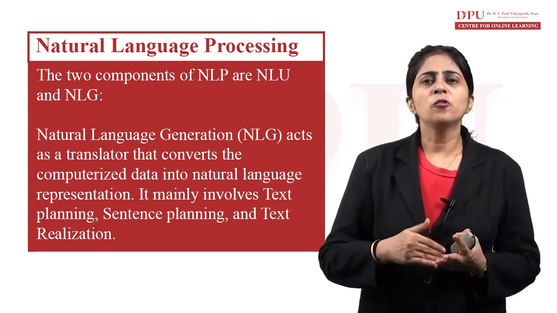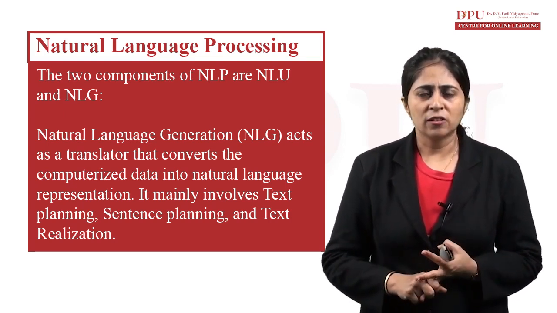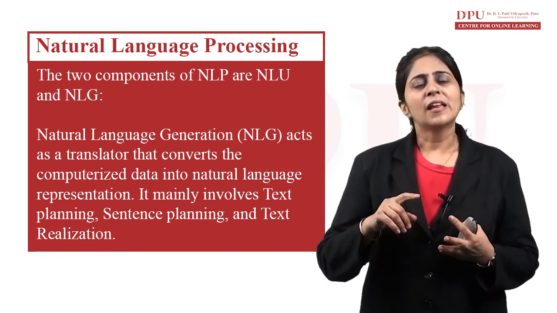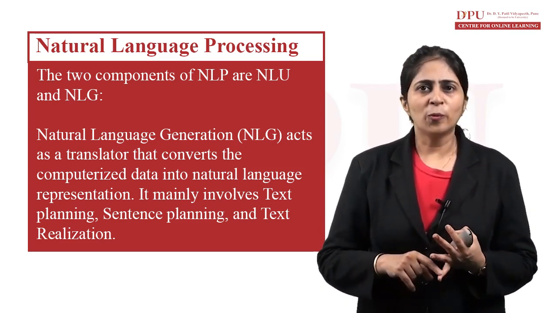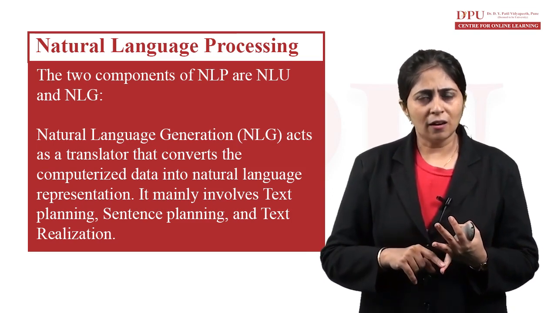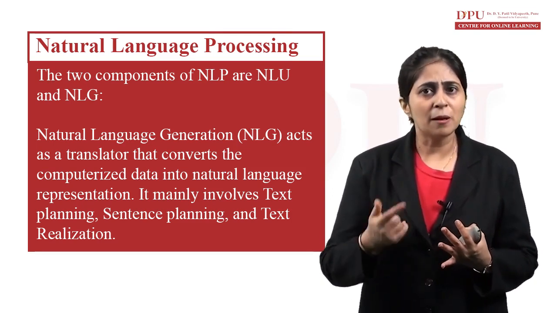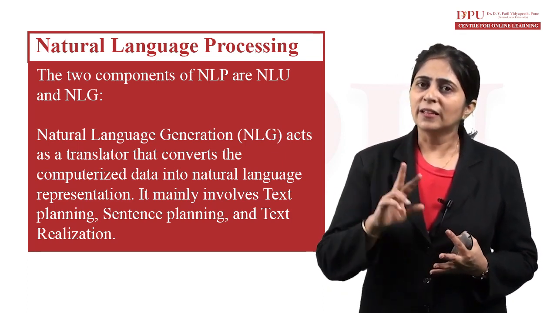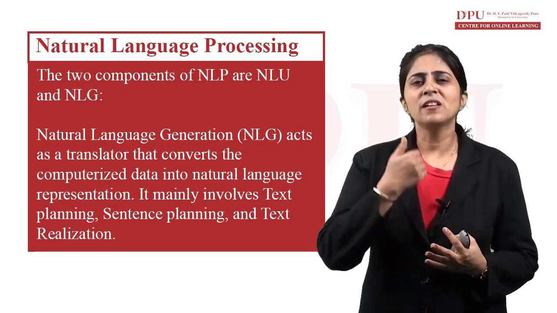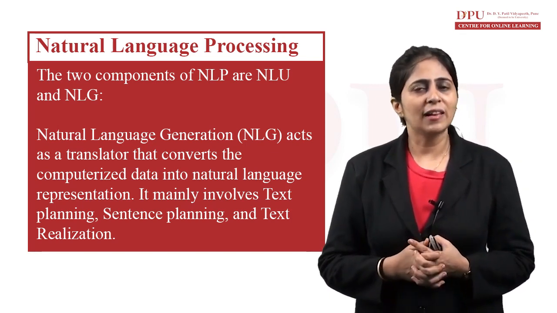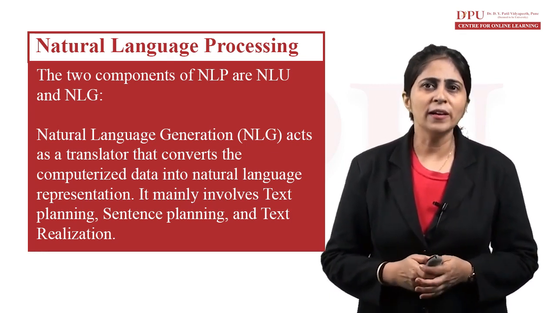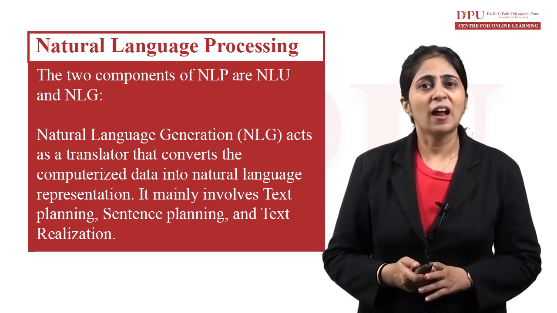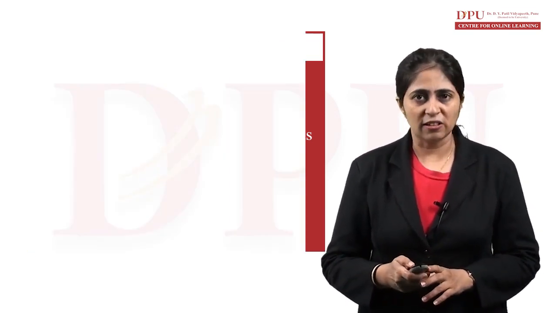So the main 2 components of NLP are natural language understanding, which helps the machine to understand and analyze the human language, and natural language generation, which generates the natural language.